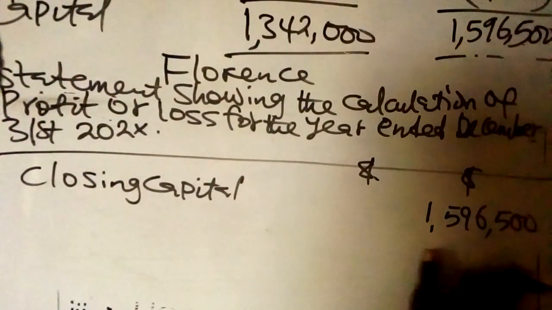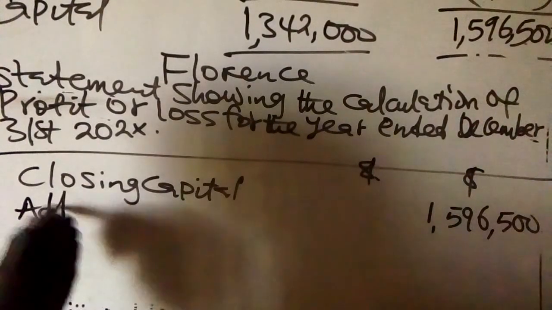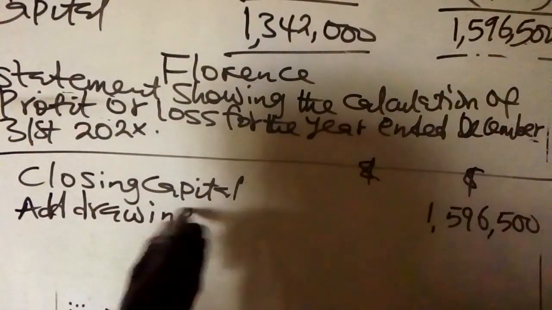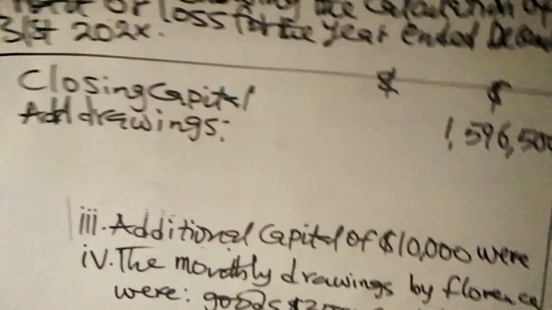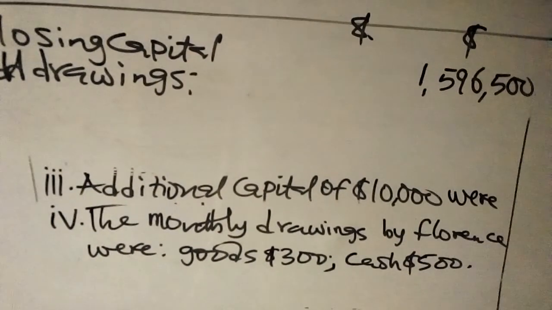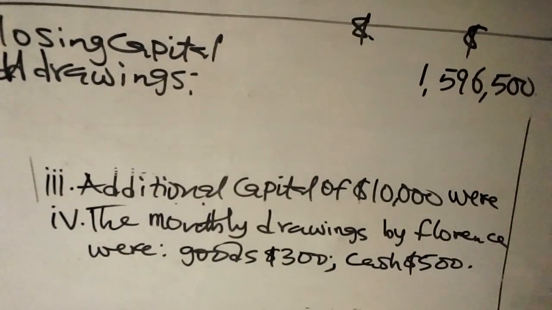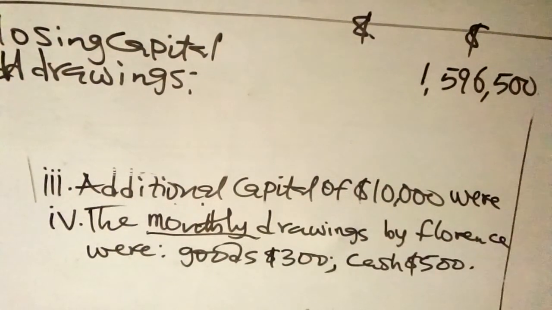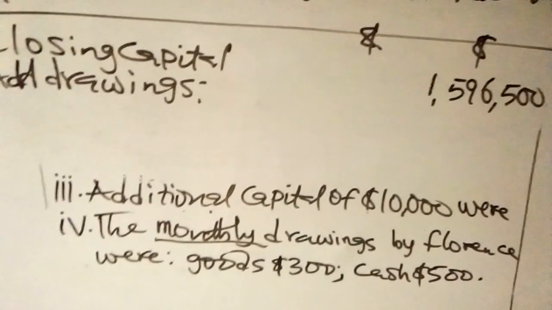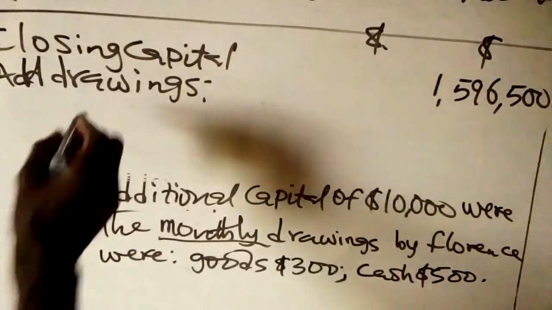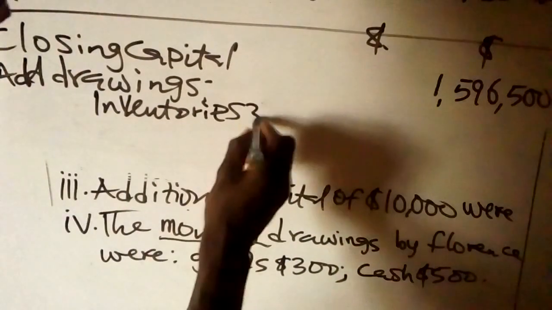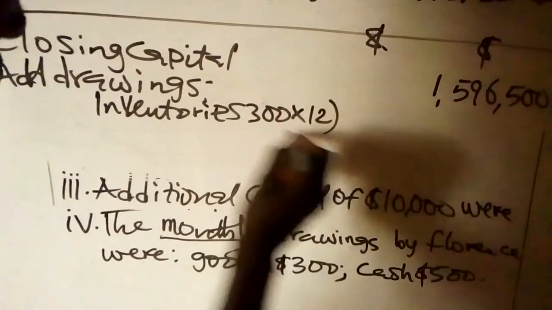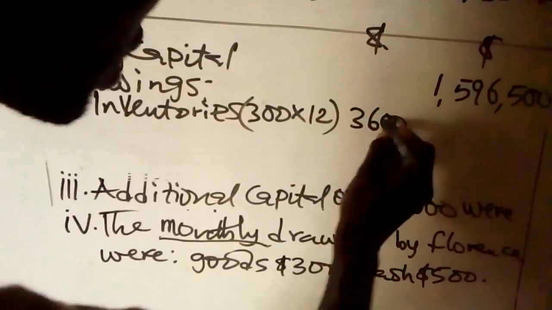You add drawings during the period. Note 4, additional information number 4: the monthly drawings by Florence were goods 300, cash 500. Monthly means every month, and there are 12 months in a year. Drawings of goods, that is inventories, is 300 times 12 months, which gives us 3,600.